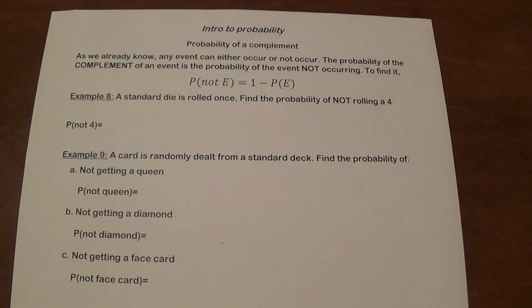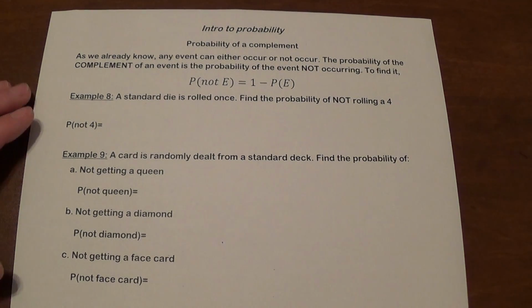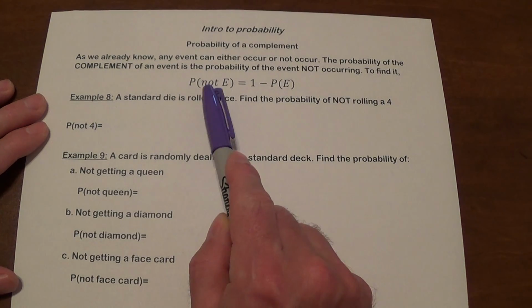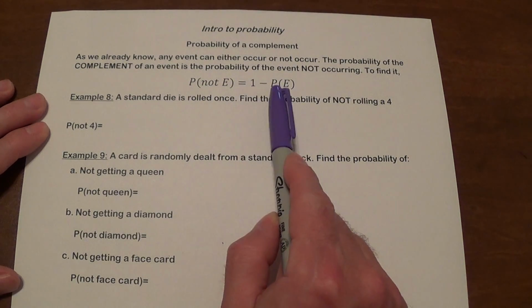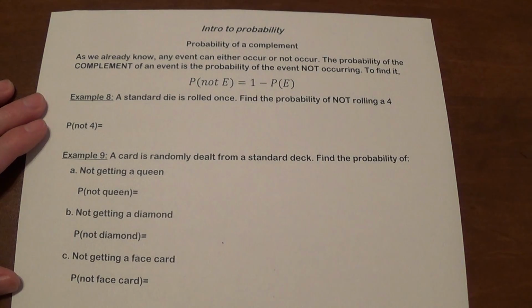Alright. The last thing we need to talk about is something called a complement of an event. As we already know, any event can either occur or not occur. The probability of a complement is the probability of that event not occurring. So when you want to find the probability of an event not happening, it's 1 minus the probability of that event happening.